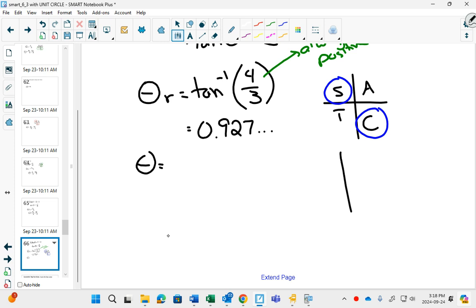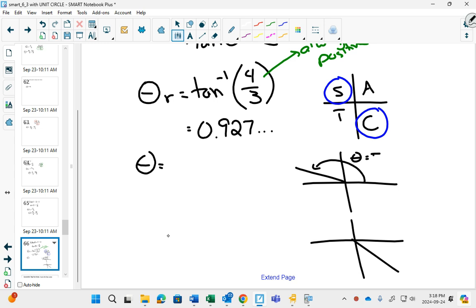So early on, you might actually like to draw these out and think from 0 to 2 pi, this one would equal pi minus my reference angle, and then this one would be 2 pi minus my reference angle.